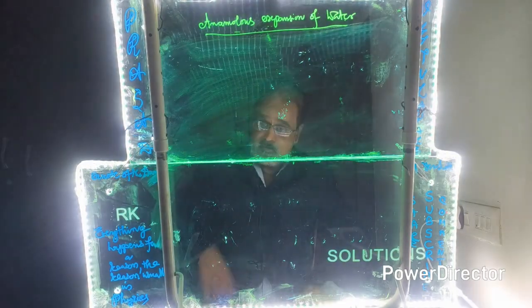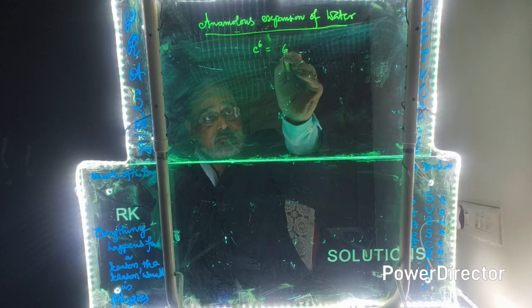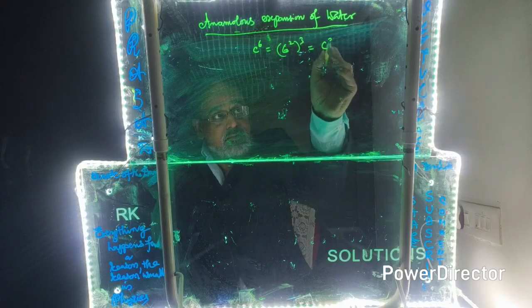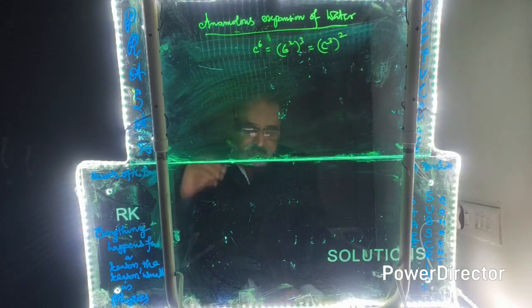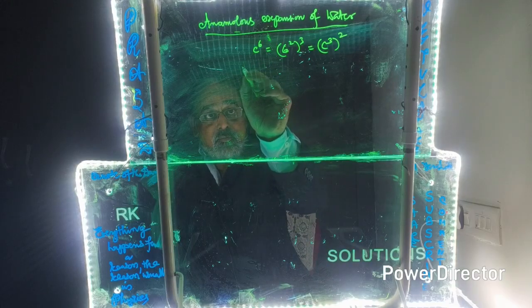Now c raised to 6 is equal to c squared k c k squared. That is, this contains both wave and particle.